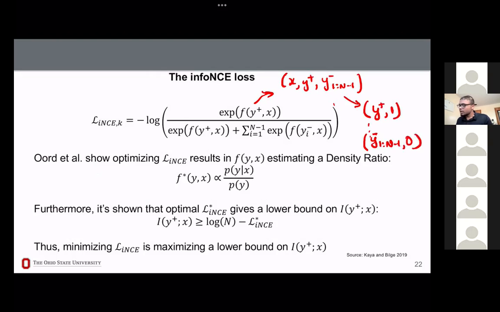So basically we create an alternative multi-class classification problem, because we know corresponding to x, this y is the positive sample and the others are negative. And once you have this, what you do is multi-class logistic regression. So to answer your question, f(y, x) is basically the output of an n-way softmax.